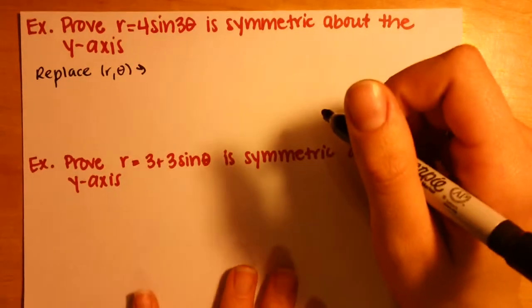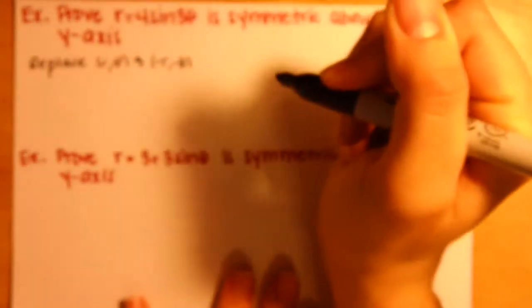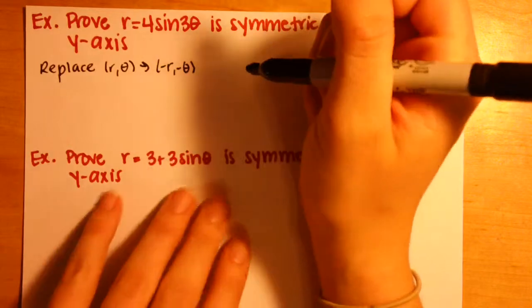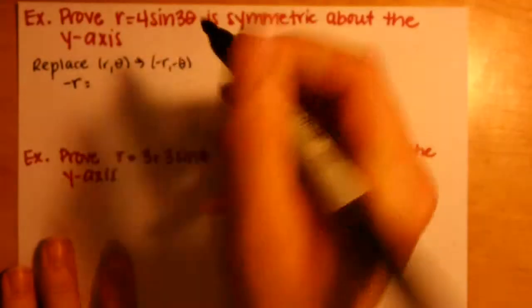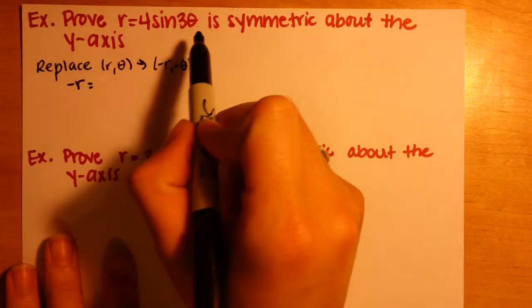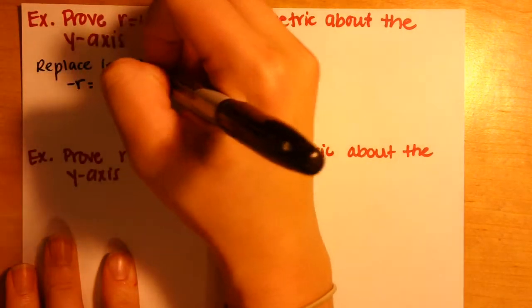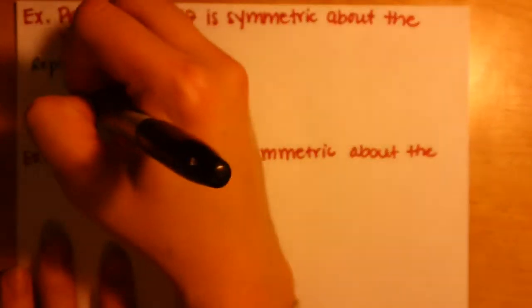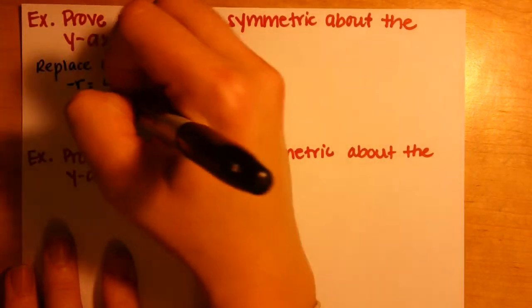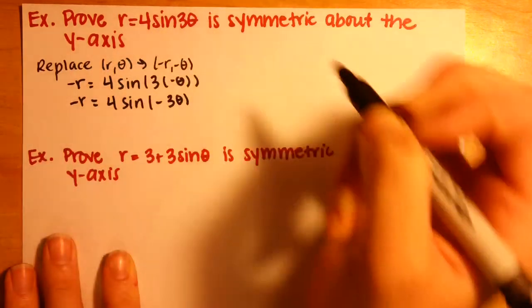with negative r, negative theta. Alright, so we're going to replace r with negative r, and then we have 4 sine 3 theta, so it'll be 4 sine of 3 times negative theta. Okay, so this leaves us with negative r equals 4 sine of negative 3 theta.